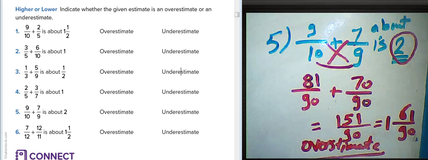So it will be an overestimate. We can write overestimate. This example will be an overestimate because the approximation he gave us, 2, is greater than the actual number. So it will be an overestimate, okay? Understood? Okay, I will explain it again. In this example, we must compare the estimate he gave us and the actual number you get. If the estimation is more than the actual number, we must write overestimate.